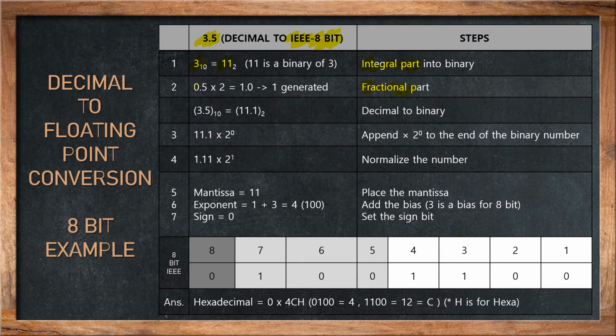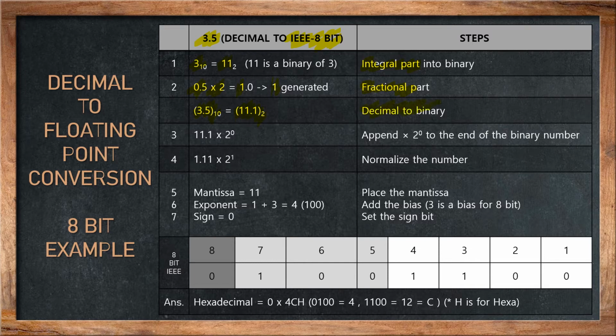Here we have 0.5 as the fractional part, and to convert a fractional number into binary, we multiply it by 2. Here we got 1 and 0.0, which means 1 was generated, so my binary is 1. So finally I can write my 3.5 base 10 value as 11.1 base 2. This is my decimal to binary.